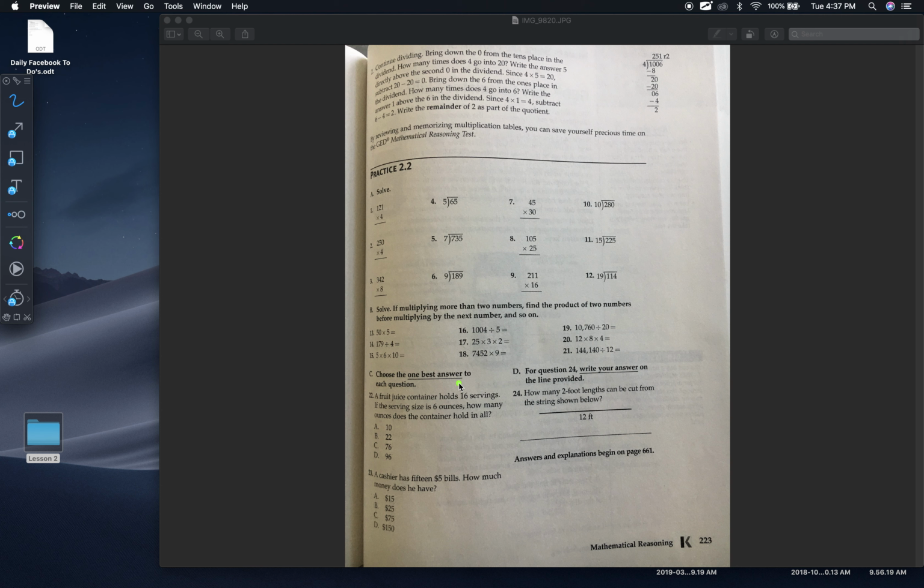Choose the one best answer to each question. A fruit juice container holds 16 servings. If the serving size is 6 ounces, how many ounces does the container hold in all? So you have to kind of figure out what this is asking you to do.